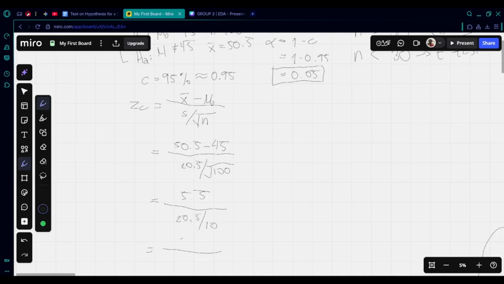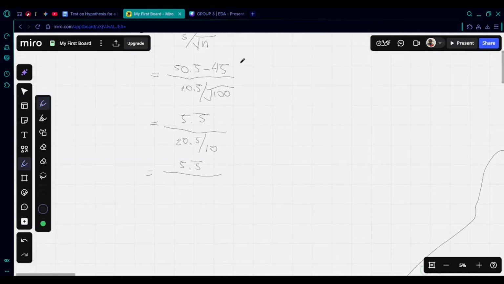So we have 5.5 over 2.05. If you compute this value, 5.5 over 2.05, we get a value of 2.6829.